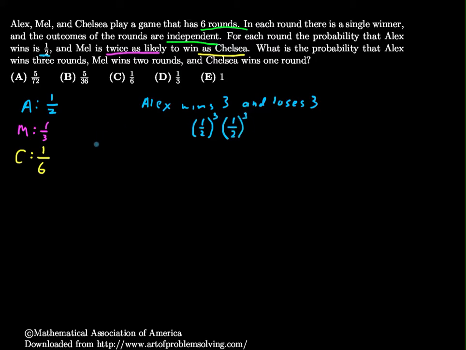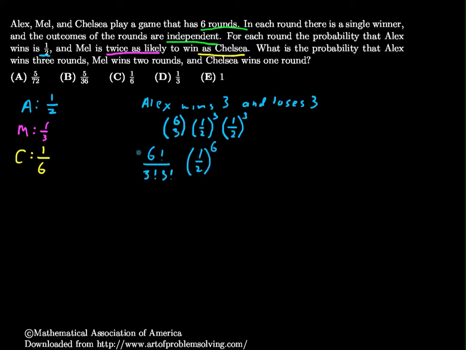And he can win any of the 6 choose 3. He has to win 3 of them, so any of the 6 choose 3 possible games he can win. And so 6 choose 3, well, that's 6 factorial over 3 factorial times 3 factorial. And I still have, let me reduce this down to 1/2 to the 6th power.